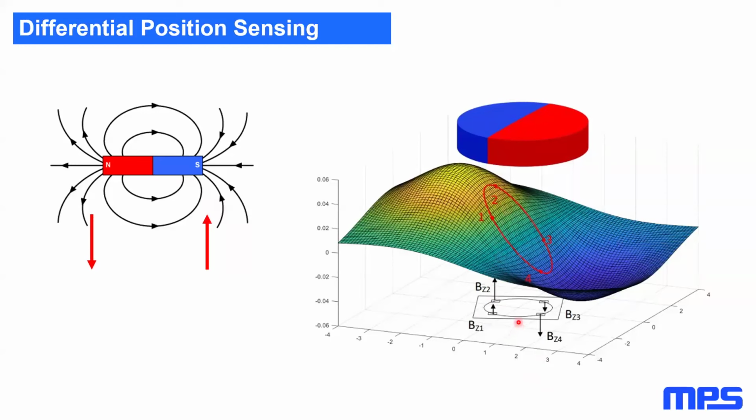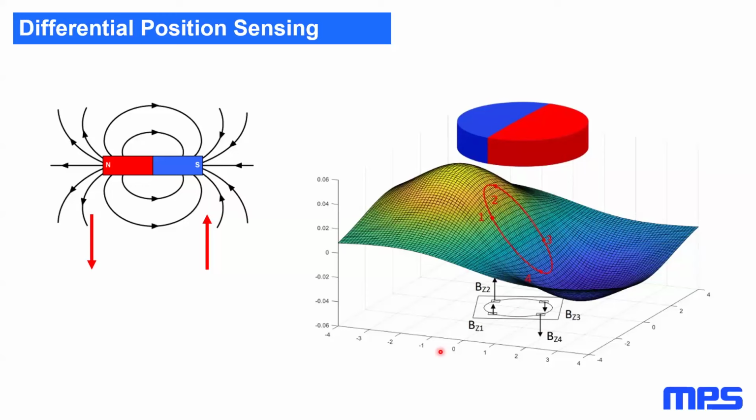That's fine. The difference between BZ2 and BZ4 remains the same, and the difference between BZ1 and BZ3 remains the same. Same thing if it shifts down, doesn't matter. The entire thing will be shifted. And so that is how differential cancels out external fields.